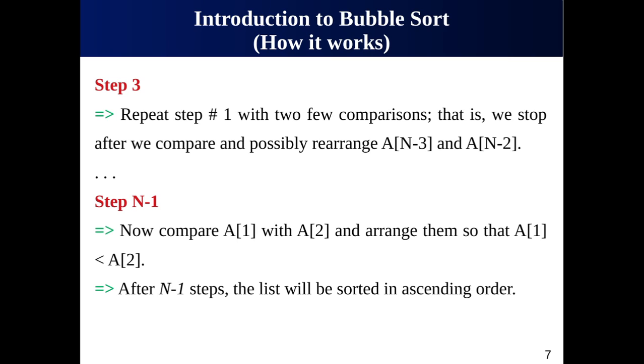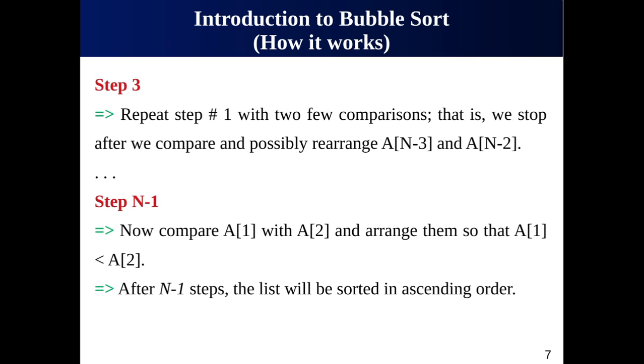In step number 1 you did n minus 1 comparisons, in step number 2 you did n minus 2 comparisons, and now in step 3 you do n minus 3 comparisons. You stop after comparing and possibly rearranging the last two elements, which are now a n minus 3 and a n minus 2. At the end of this step, the third largest element will bubble out and reach the correct location.